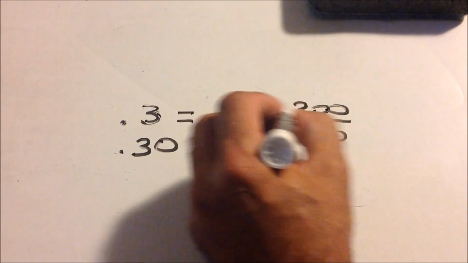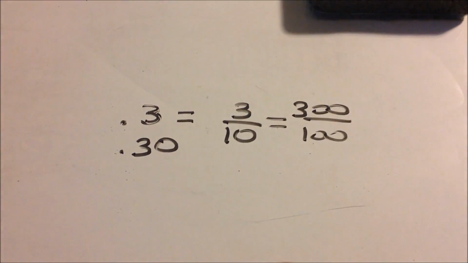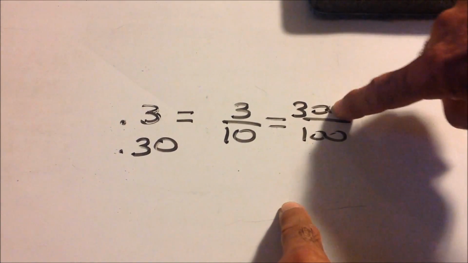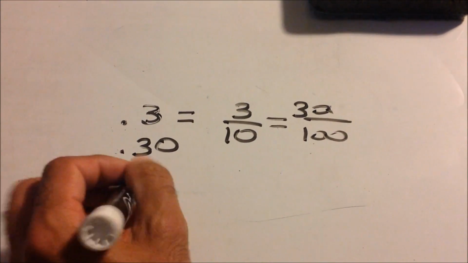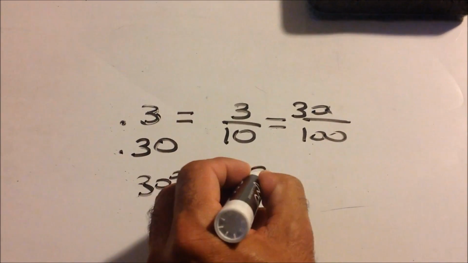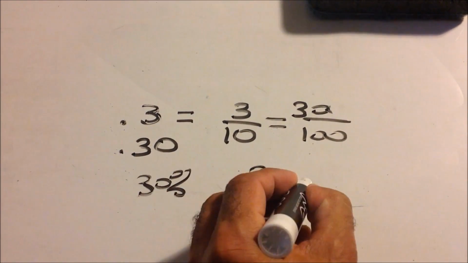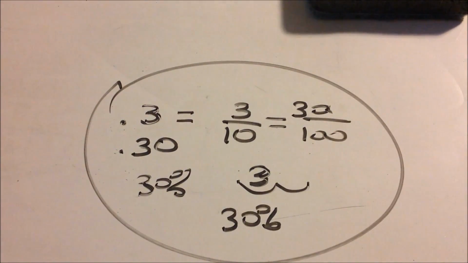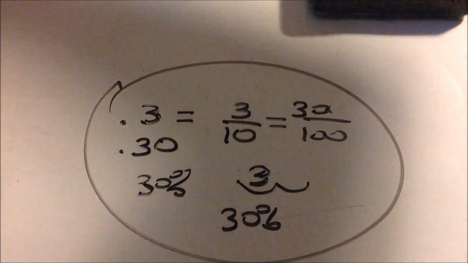They're equal fractions and equal ratios, if you want to make that 30 over 100, not 300. So 30 over 100 is 30%. And 0.3, if we want to make that a percent, 1, 2, 30%. There it is. All right, that's how we make percents. That's how we model percents. Great job.